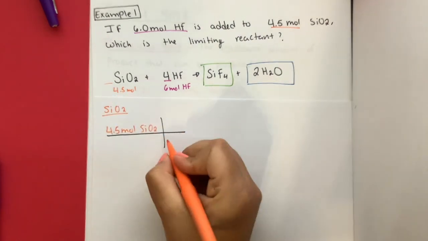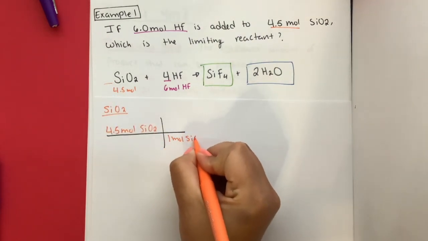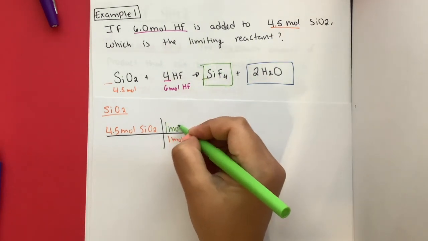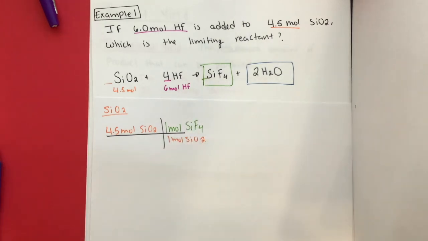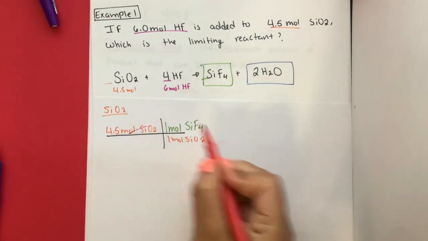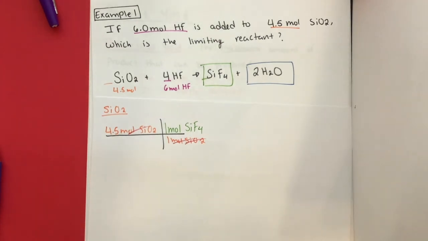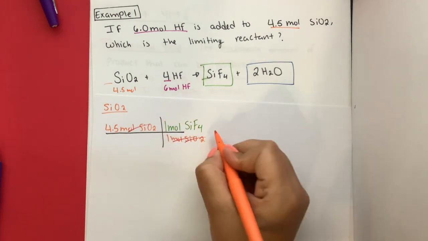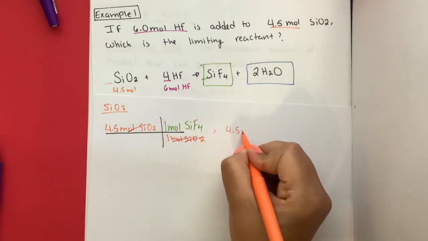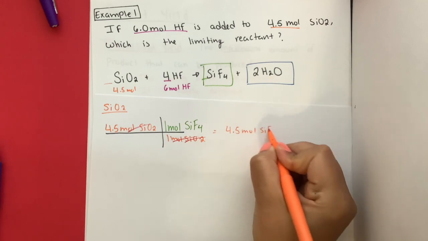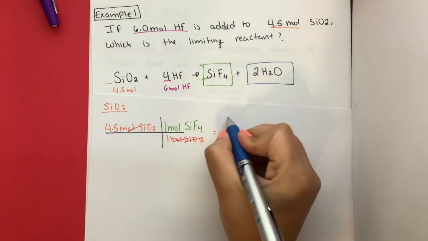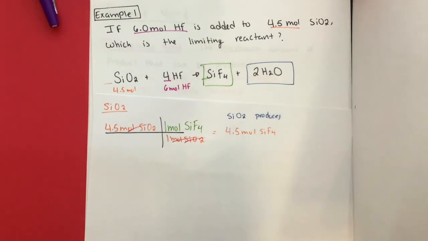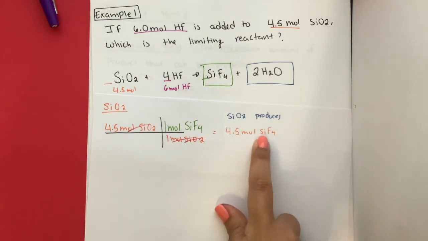I have 1 mole of SiO2 for every 1 mole of SiF4. Moles of SiO2 cancel out. I multiply 4.5 times 1 divided by 1. It gives me 4.5 moles of SiF4. So silicon oxide produces 4.5 moles of silicon fluoride.